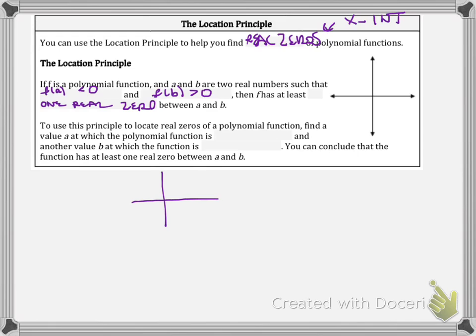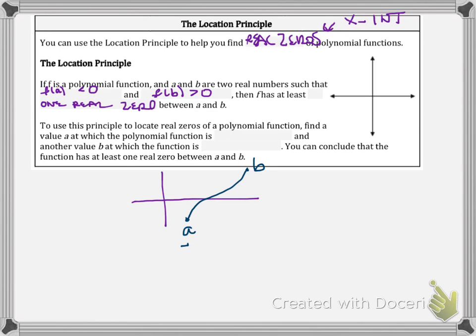So if we have this graph here, and we have an a and a b, and we're just looking at this interval. Let me draw this a little bit nicer. At f of a, that's a negative value, this is a and this is b.